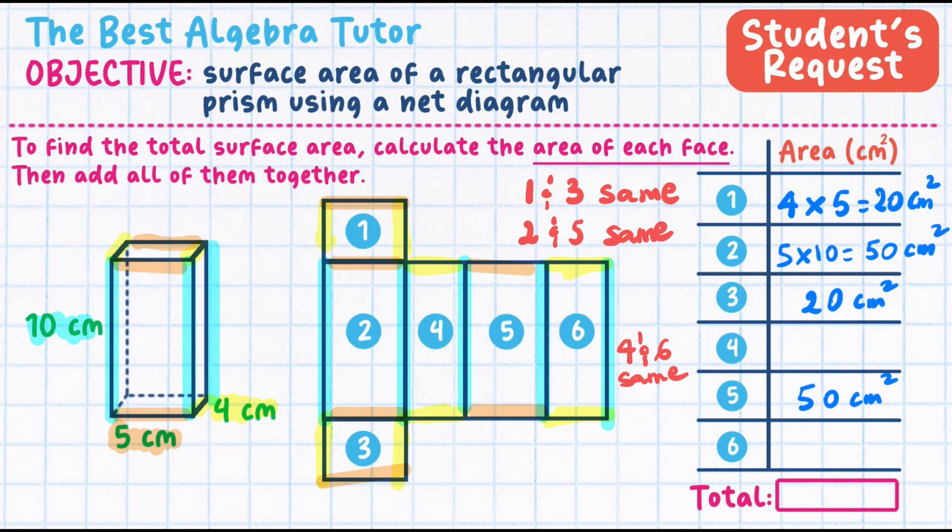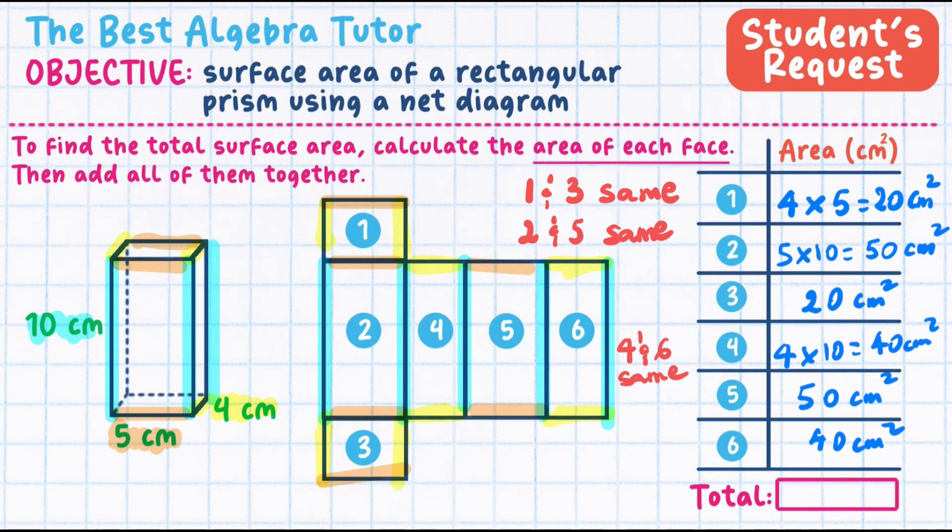So we are left with 4 and 6. 4 is 4 centimeters for the yellow, so 4 times 10 equals 40, and I have 40 in here.